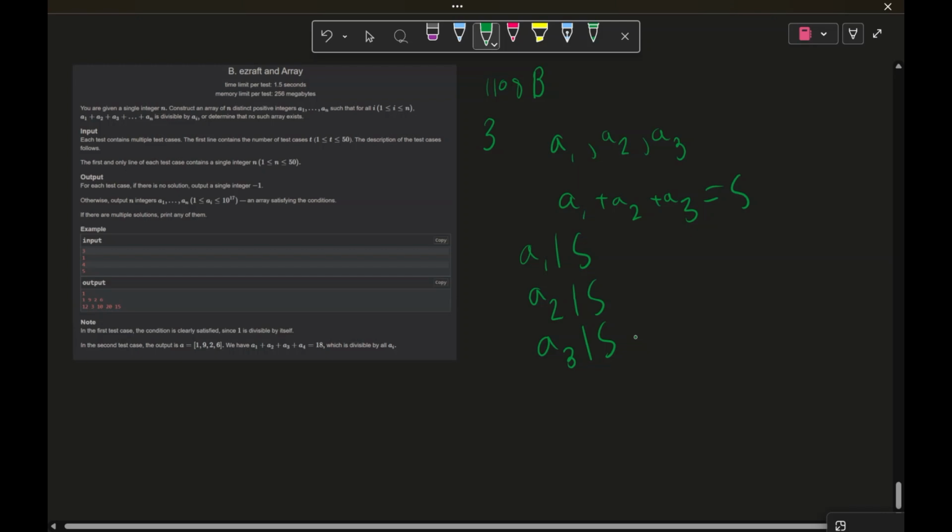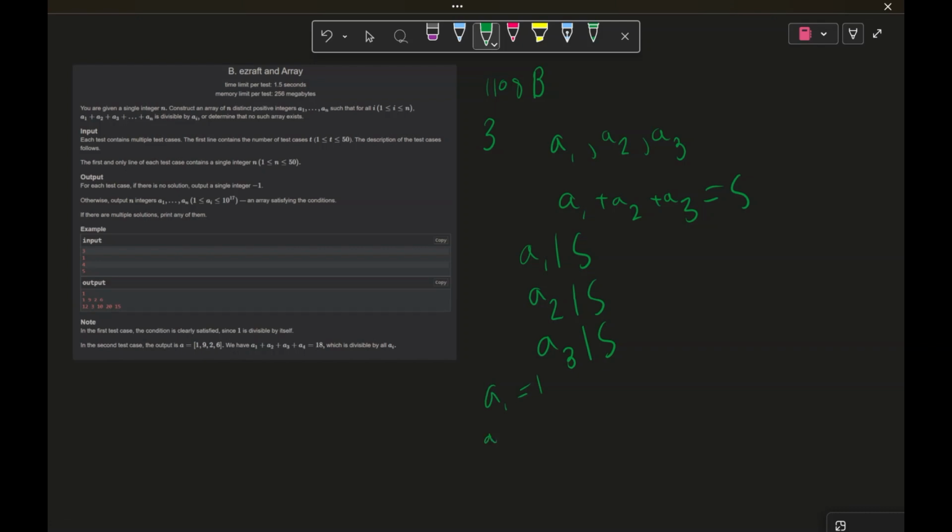A1 could be 1, A2 is equal to 2, and A3 equals 3. Because in this case, 1 plus 2 plus 3 equals 6, and 1 divides 6, 2 divides 6, and 3 divides 6. So that's one scenario.